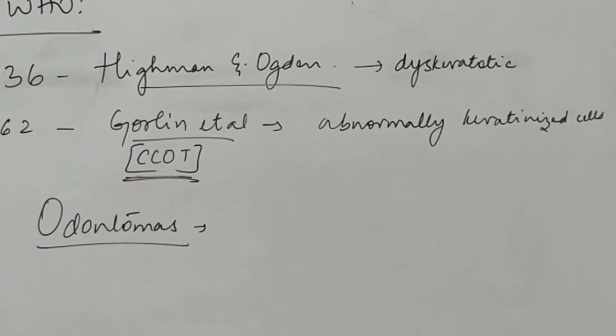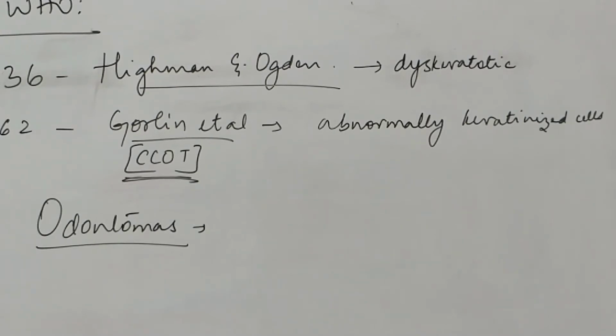But for a very long time, they did not actually identify ghost cells in odontoma. The reason was the ghost cell description that I have given a few minutes before. What was that? A pale eosinophilic structure. Don't you think it is similar to dysplastic dentine? Okay, because that also looks very similar.